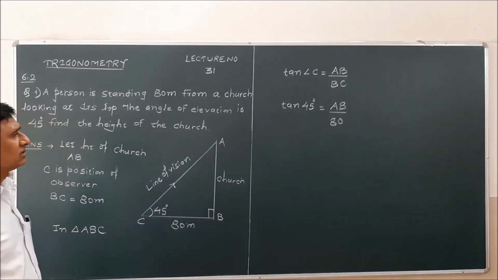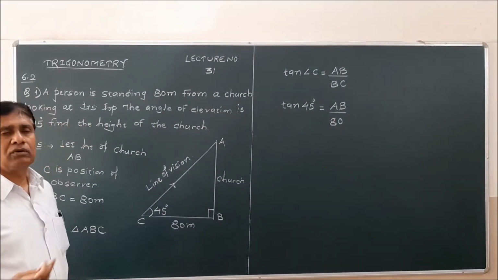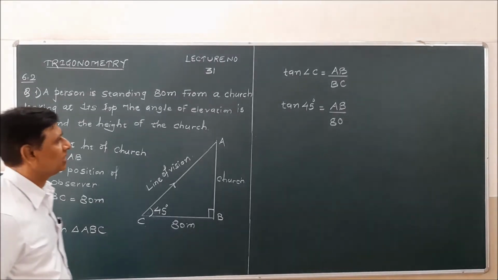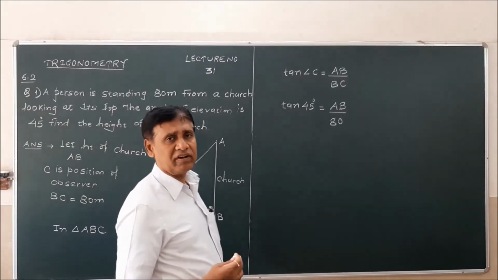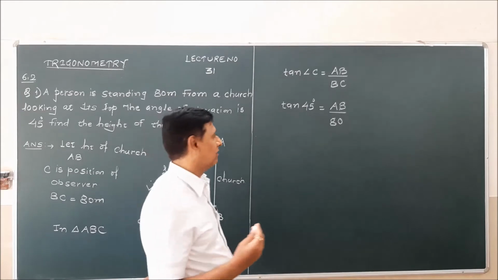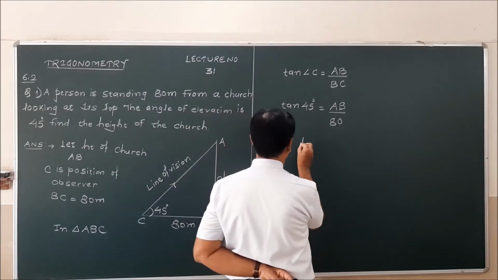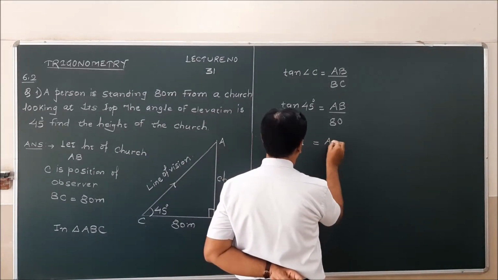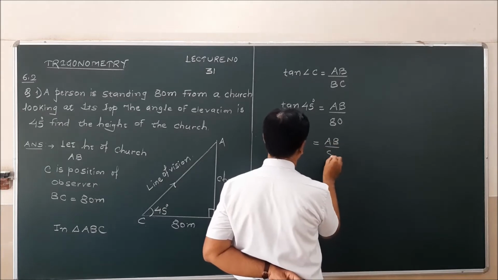Then you will find tan 45 is equal to AB upon 80. But what is the value of tan 45? Tan 45 is 1. So 1 is equal to AB upon 80.